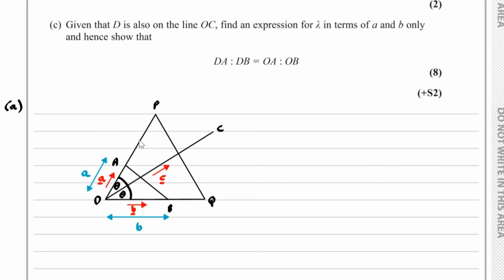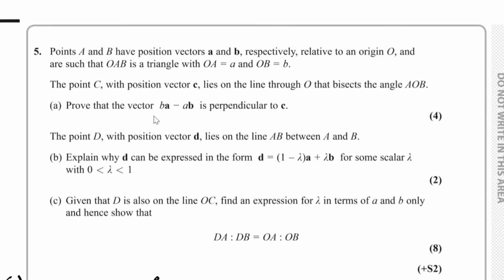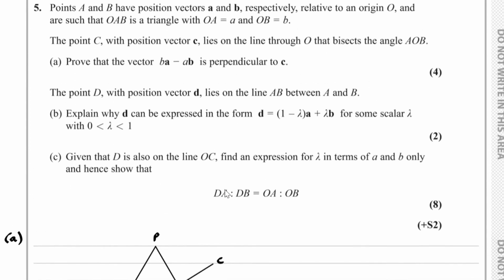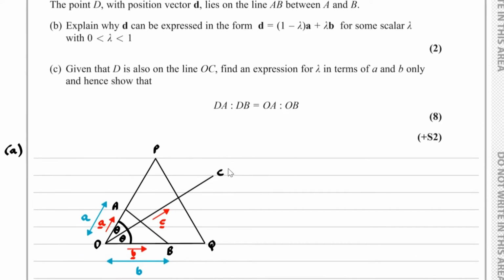Now I've purposely extended the line OA to the point P, and I've extended the line OB to the point Q. The reason for this, if we go back to the question, we want to prove that the vector b a minus a b is perpendicular to c. Now here I've got the vector c, and I've got some point C over here somewhere.